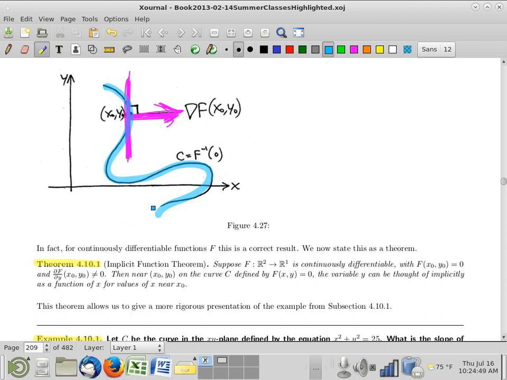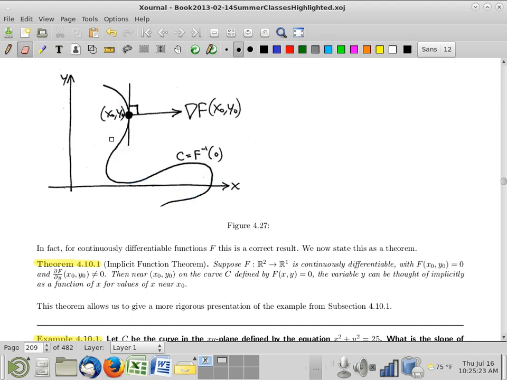All equations can be viewed as level sets. So the curve in question, write it as a level set, look at the gradient of that corresponding function, and see, is the gradient vector horizontal? If the gradient vector is horizontal, then we have a vertical tangent line, which means the curve might be in the process of tucking under itself, and we might be in the middle of a very nasty problem.